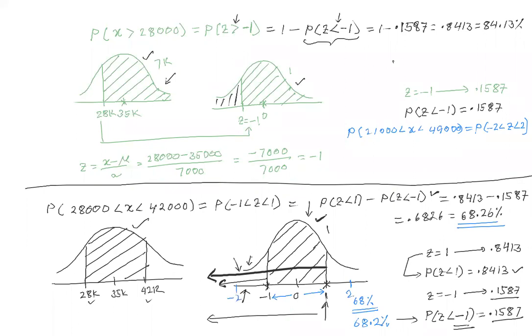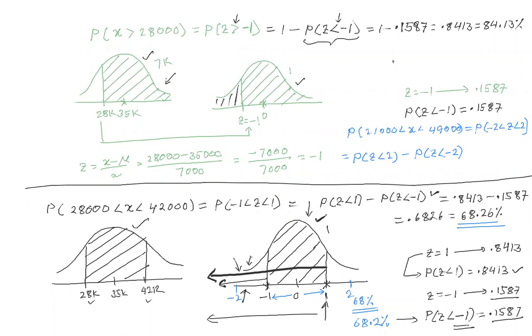Remember, that said 95% of the total data. So now it's going to be the probability of Z less than 2 minus the probability of Z less than -2.